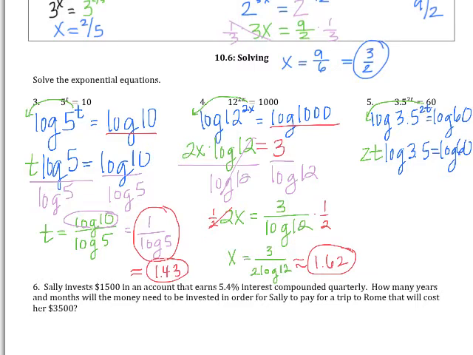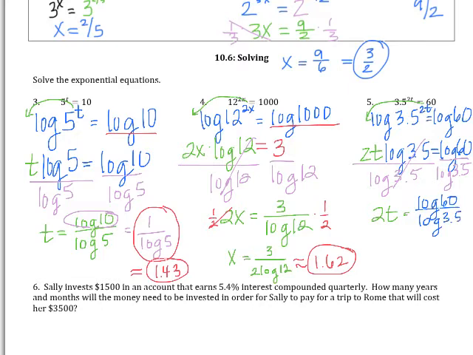Now I'll go ahead and divide by that log of 3.5. So I get 2t equals log of 60 divided by log of 3.5.